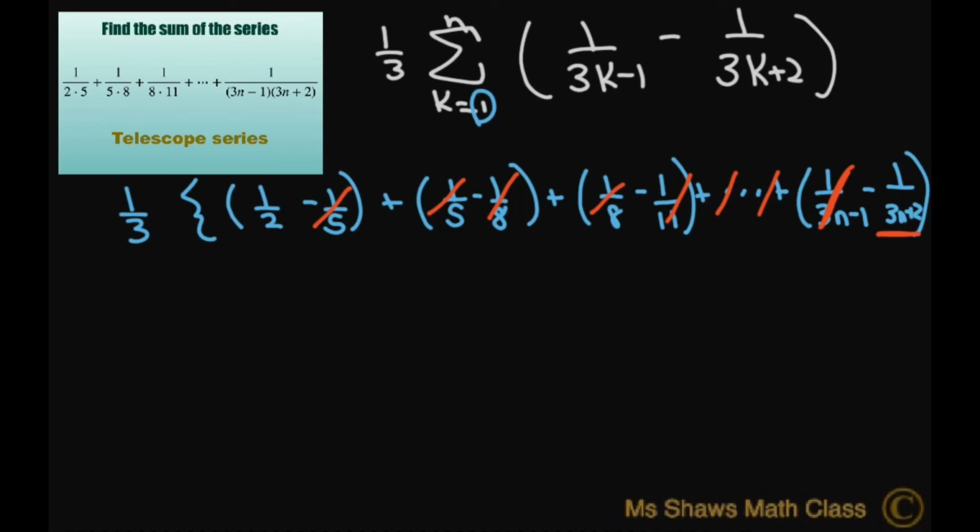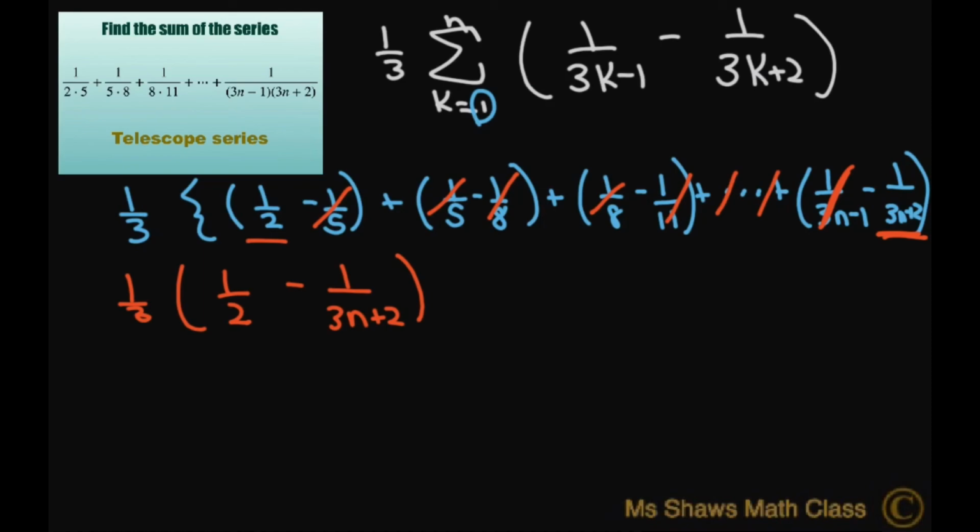So what we're left with is 1/3 times 1/2 minus 1 divided by 3n plus 2.